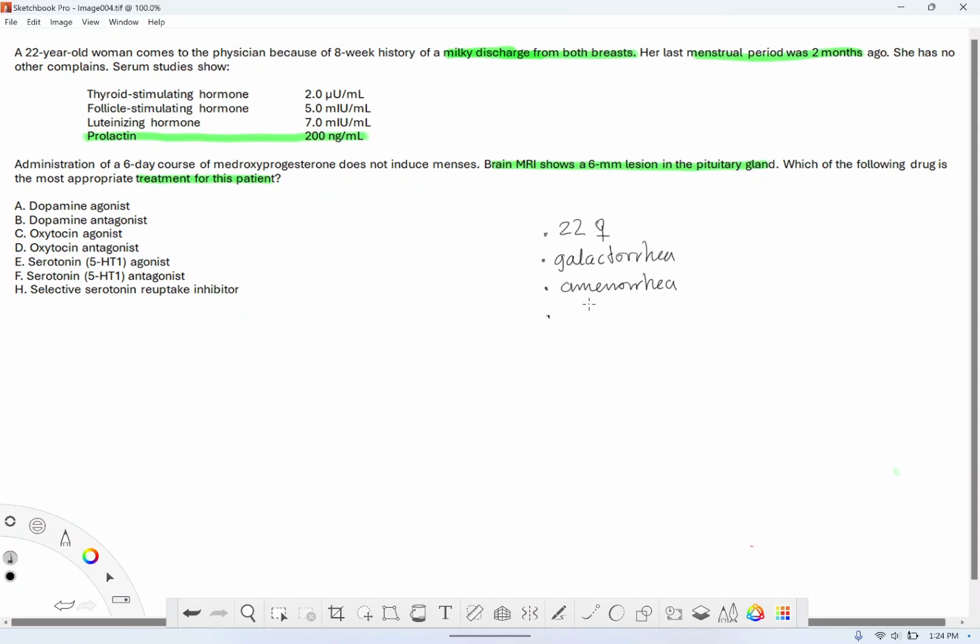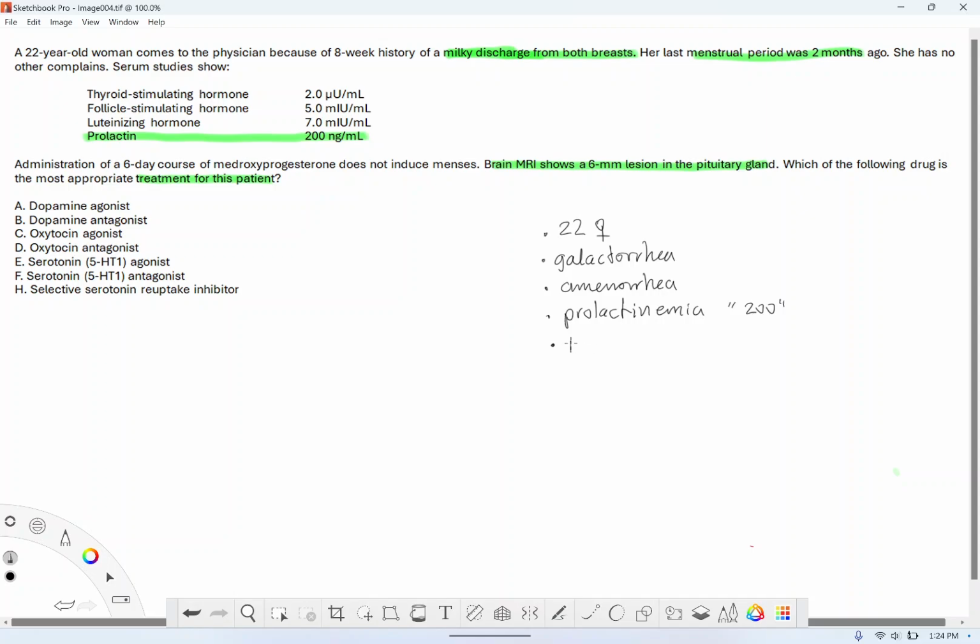Plus, she has hyperprolactinemia. How do I know that? Because her serum prolactin level is 200. Therefore she has hyperprolactinemia. In addition to that, she has a mass, a 6 millimeter lesion in the pituitary gland, so this is pituitary adenoma.